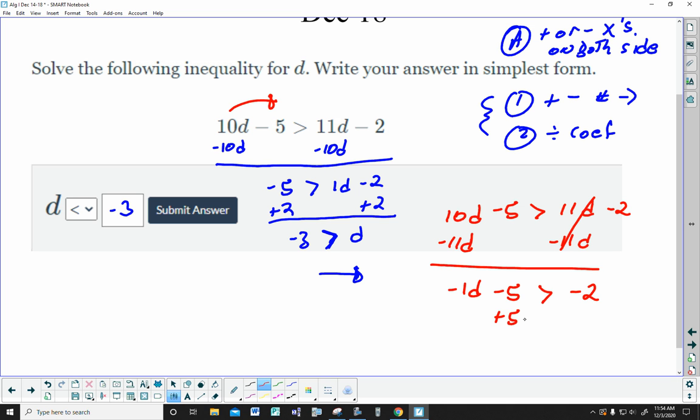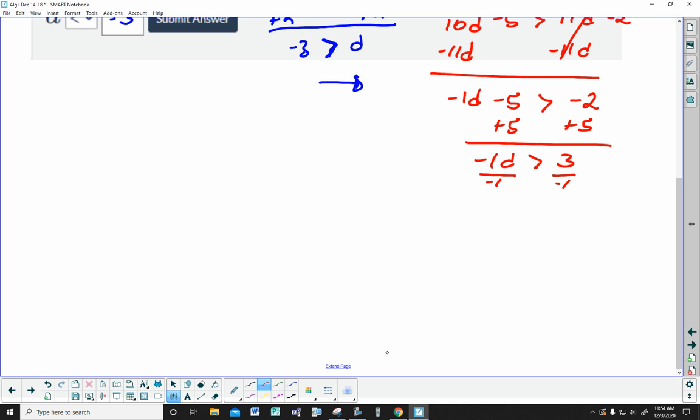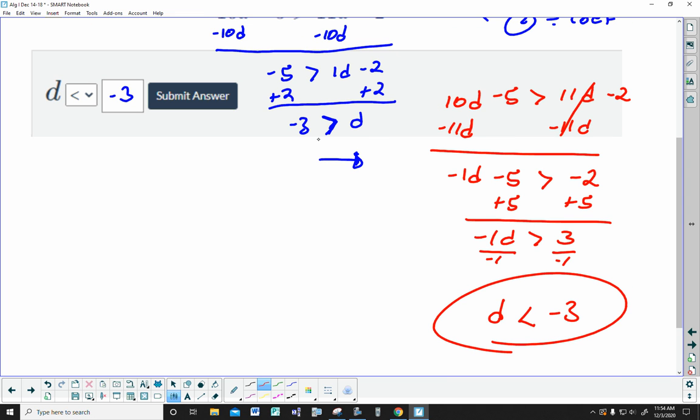Now I would add 5 to both sides, and you have negative 1d is greater than 3. Now, to finish, you have to get rid of this negative 1, so you have to divide it out. So then you have d, and you have to turn the inequality because you divided by a negative number, is less than negative 3. This is the same answer as this one.